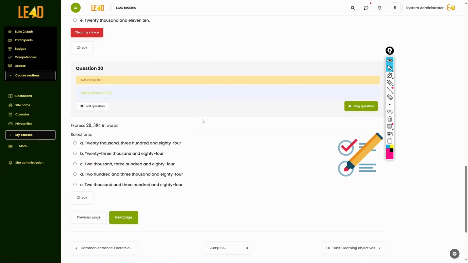Express 20,384 in words. So before the comma, we have the thousands, so this is going to be 20,000.